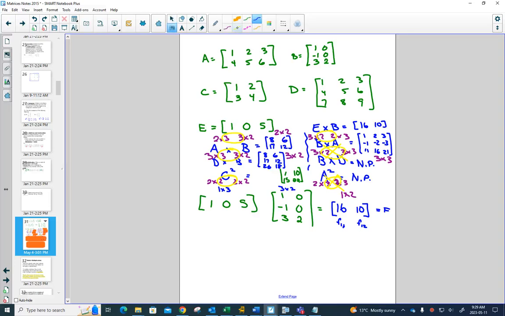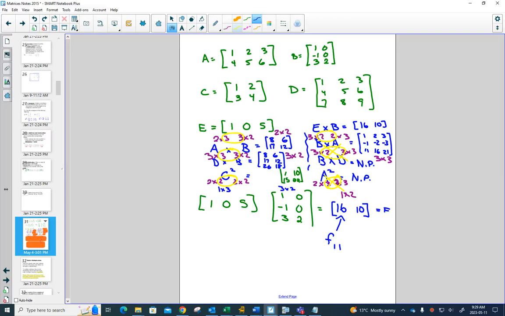Second hint. The 16 is in row 1, column 1. Its position would be little f 1, 1.